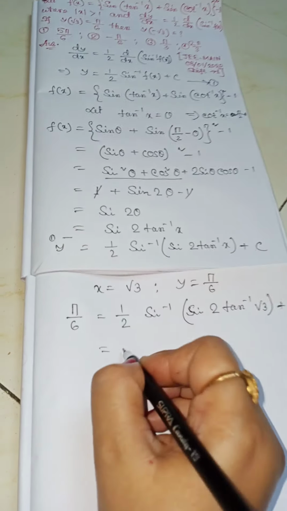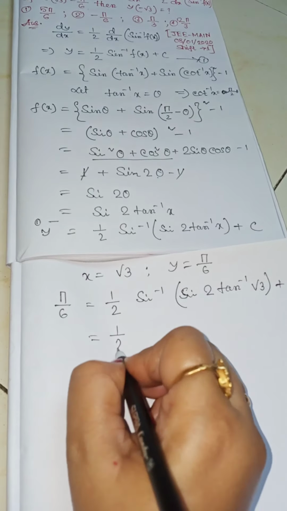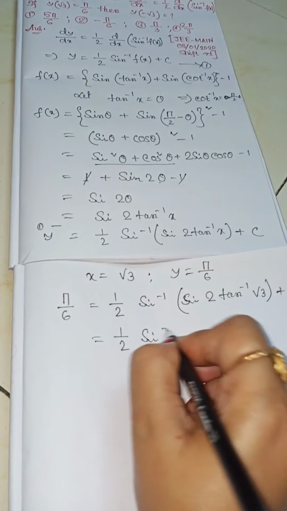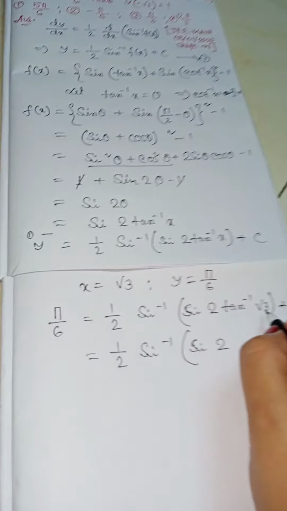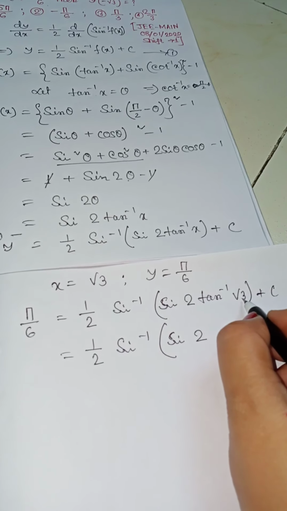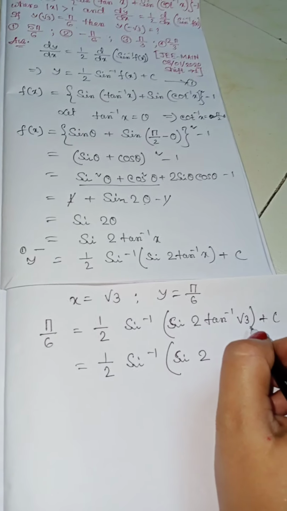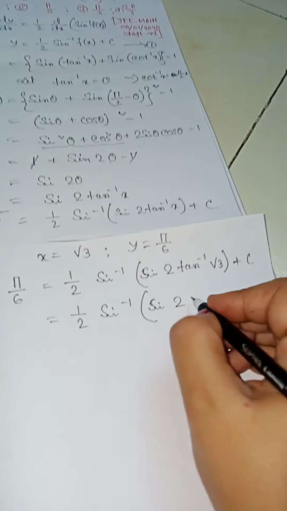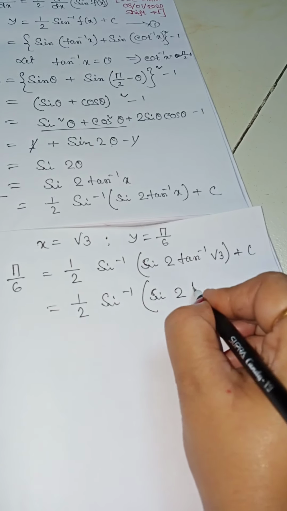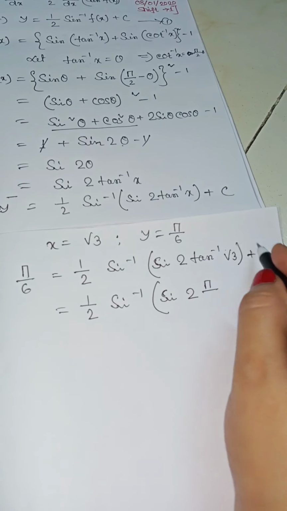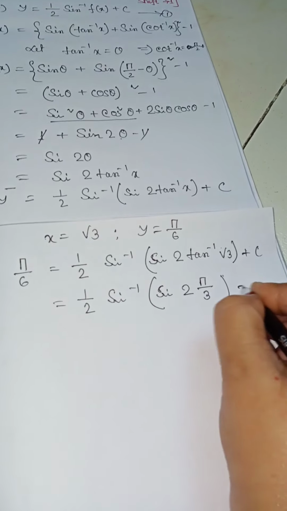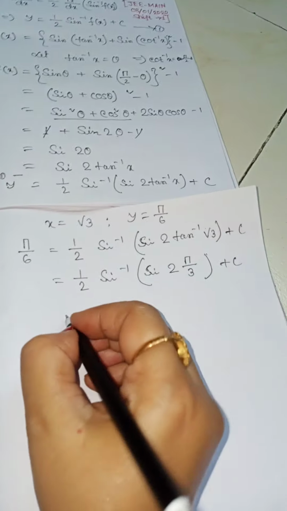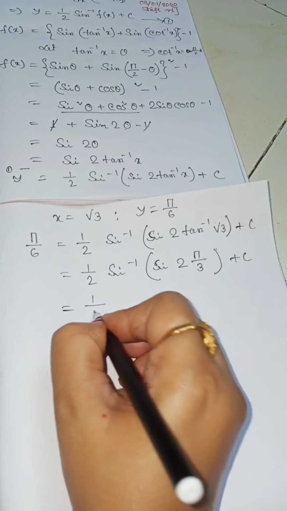We know √3 = tan π/3, so this becomes 2 tan⁻¹ tan(π/3), which is only π/3, plus c. And this becomes half of sin⁻¹ of sin 2π/3, which is √3/2. So half of sin⁻¹(√3/2) + c.